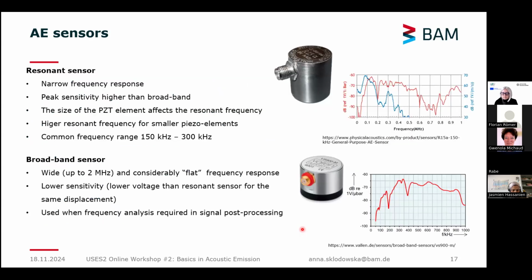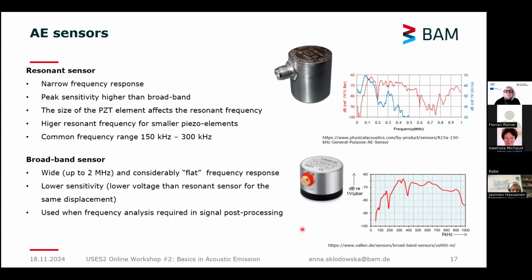The resonant sensor has a narrow frequency response. It has a peak sensitivity higher than the broadband, but it's narrow. The size of the piezoelectric element inside defines the resonant frequency.